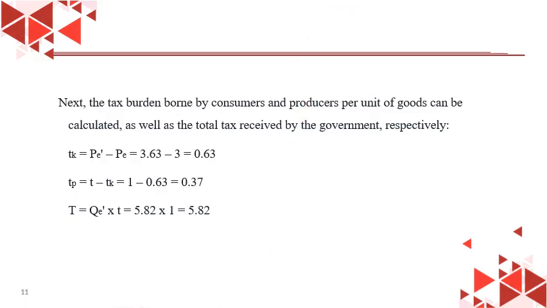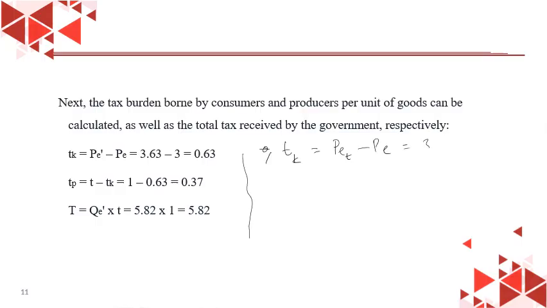Well, look, this is the answer already, but I will explain that. First of all, always find out the tax burden of the consumer. I give you the symbol Tk for the consumer, and we get this value from the equilibrium price with tax minus the equilibrium price without tax.